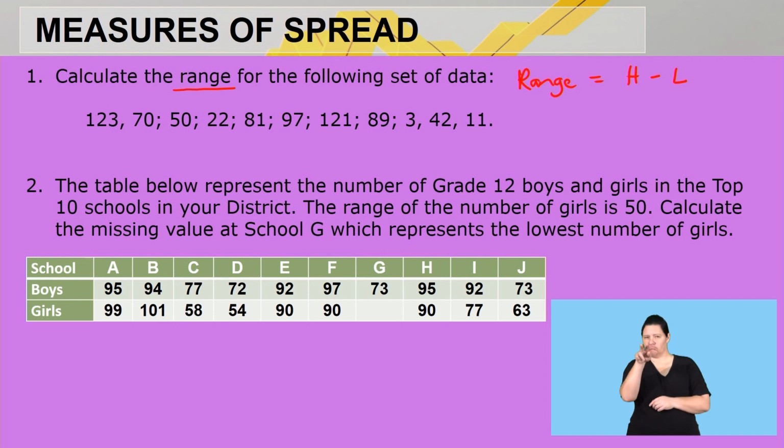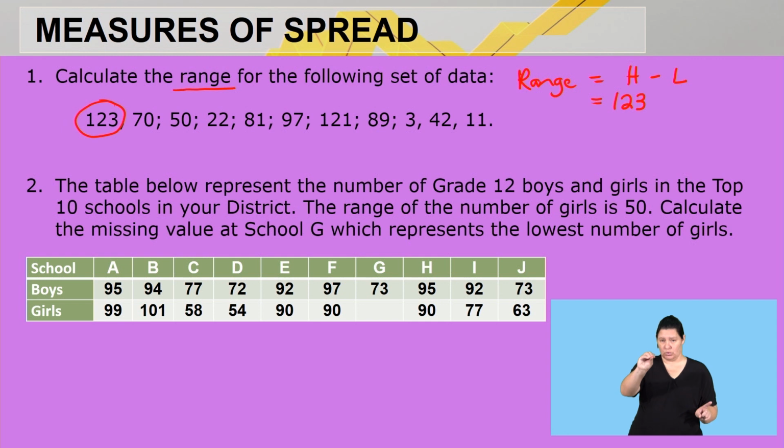So looking at the data set, I have 123, 70, 50, 22, 81, 97, 121, 89, 3, 42, and 11. So looking at this, our highest value here will be 123. And I'm sure you agree with me, so I'm going to substitute into the formula now.